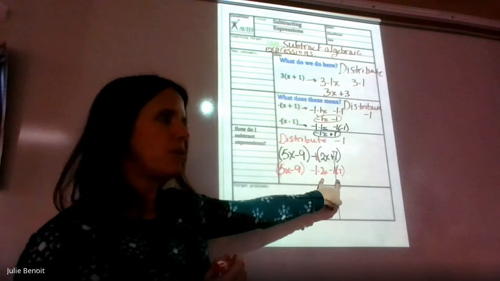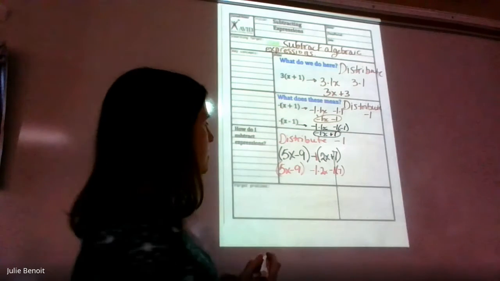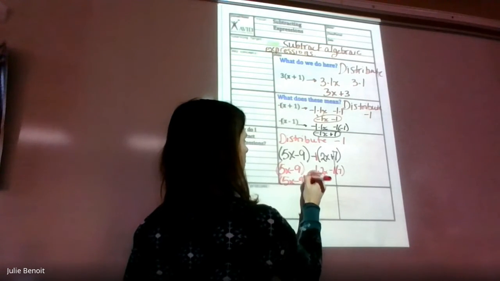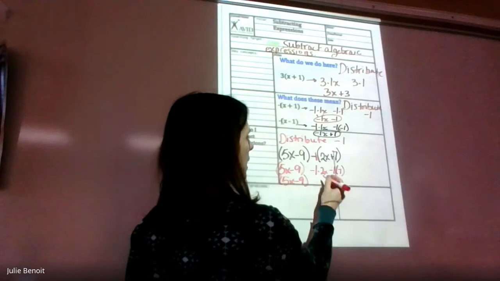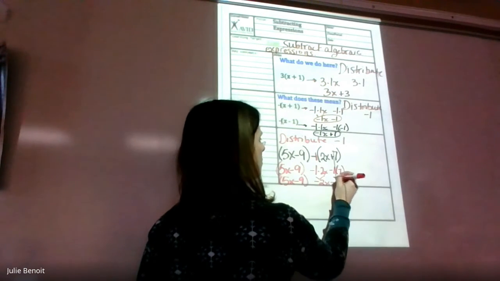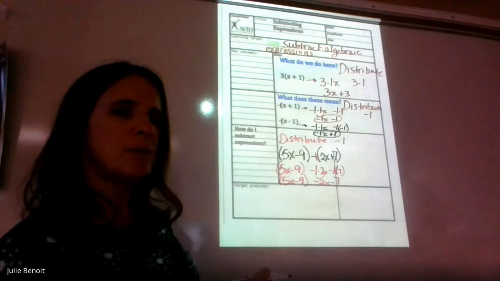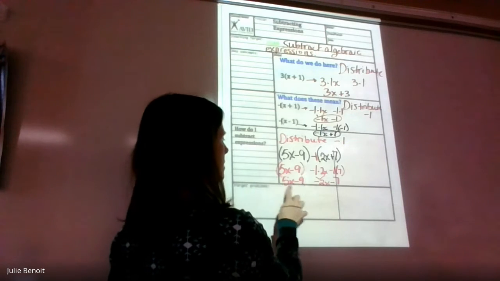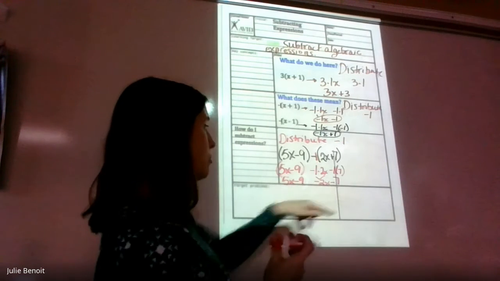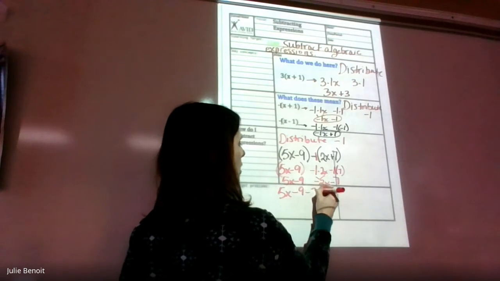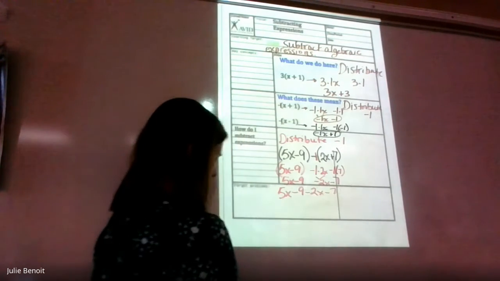Remember, we can write multiplication with a dot or parentheses. This guy still hasn't changed, 5x minus 9. Now we have a negative 2x and a negative 7. Negative 1 times positive 7 is negative 7. So we have 5x minus 9 minus 2x minus 7.